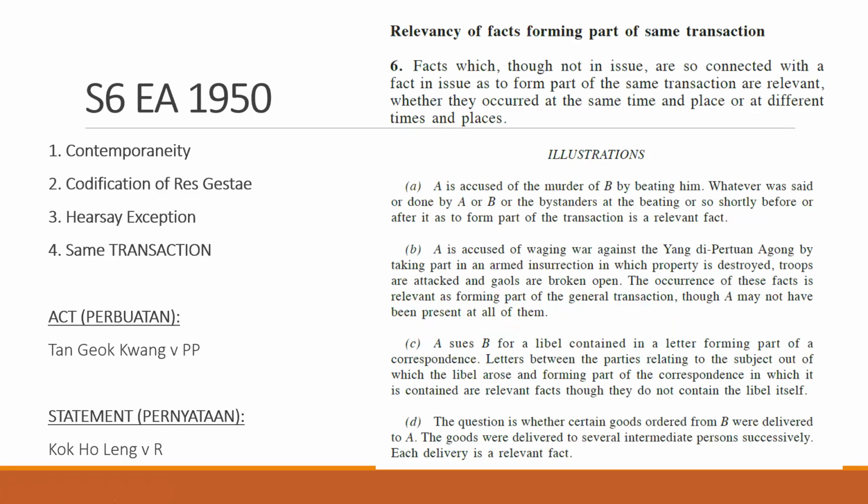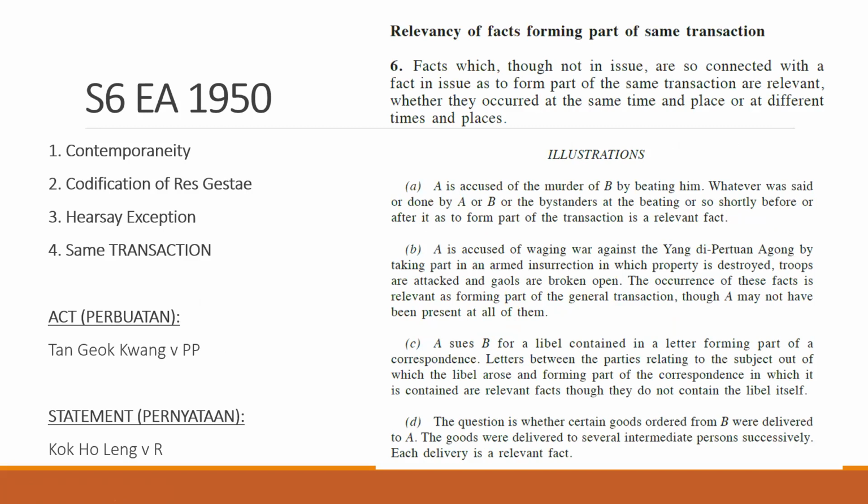Okay. So we go to the specific, what we call the proviso of Section 6. Section 6 Evidence Act, I think you also need to study well how it works. Section 6 is a hearsay exception.